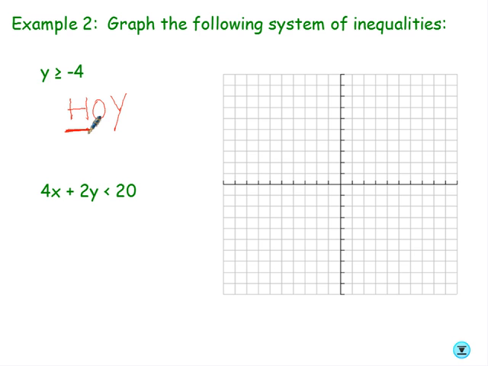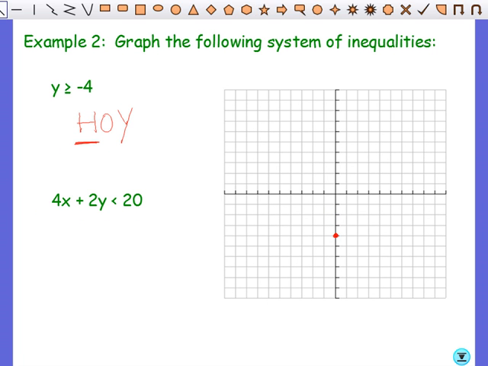So I'm going to go to the y-axis, and I'm going to go down 4. 1, 2, 3, 4. And I am going to make a horizontal line, but I need to know is it dashed or solid. That has a bar, so it is a solid horizontal line.